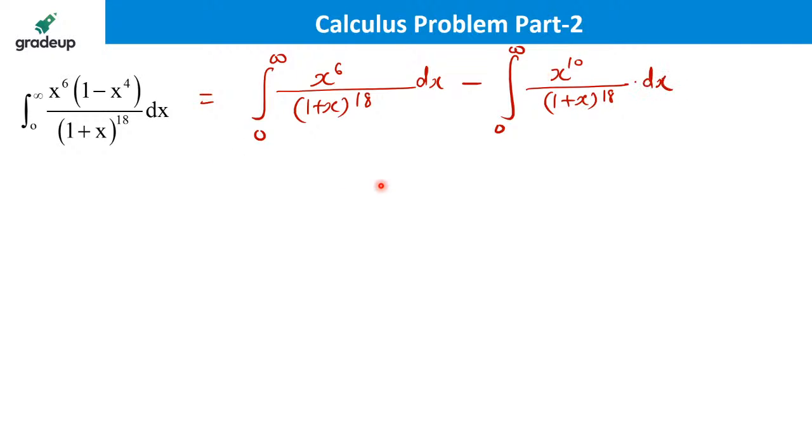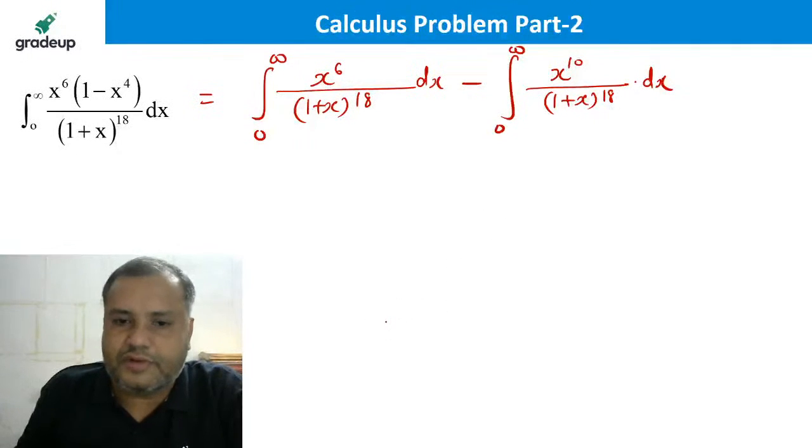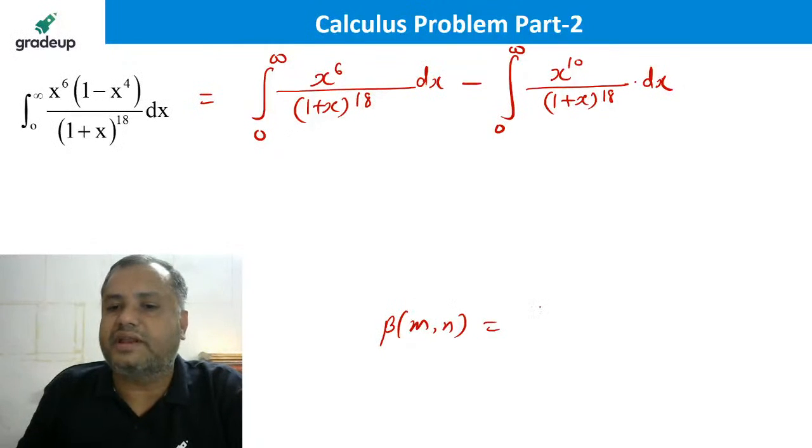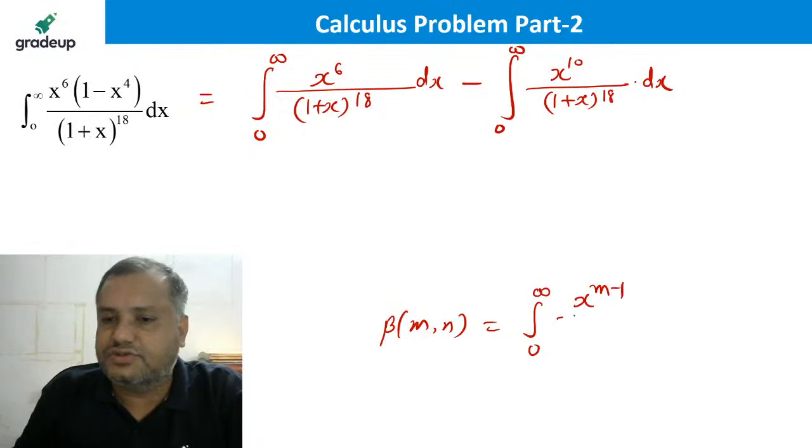So we have one format. What is that format? One more format for beta function: beta m comma n can also be written as 0 to infinity x to the power m minus 1 upon 1 plus x to the power m plus n.